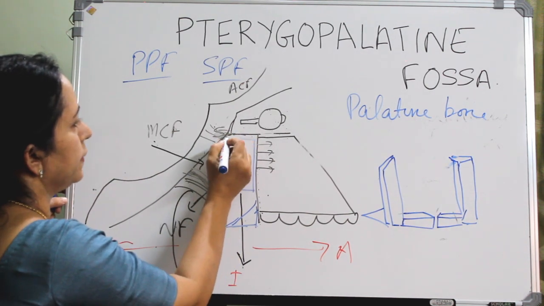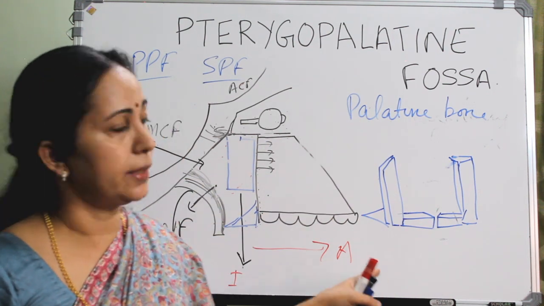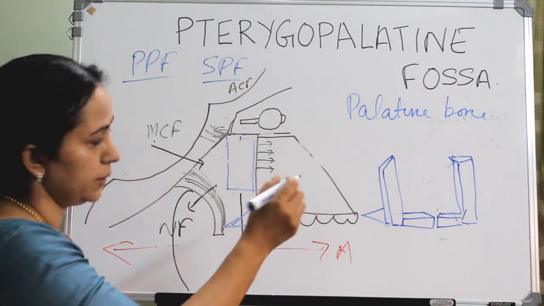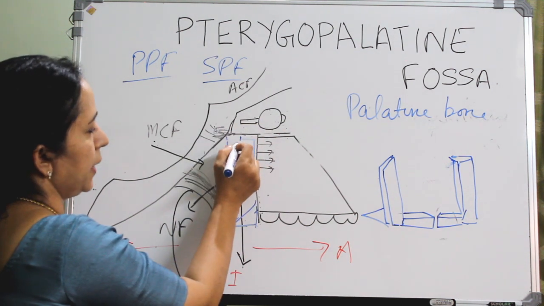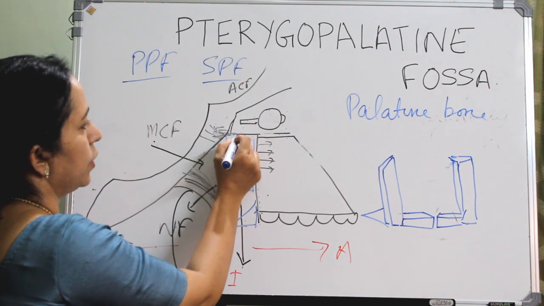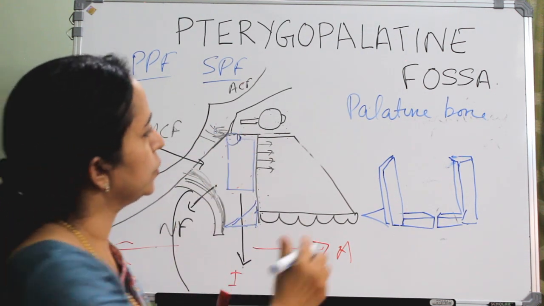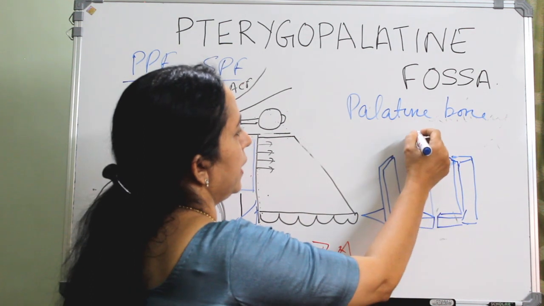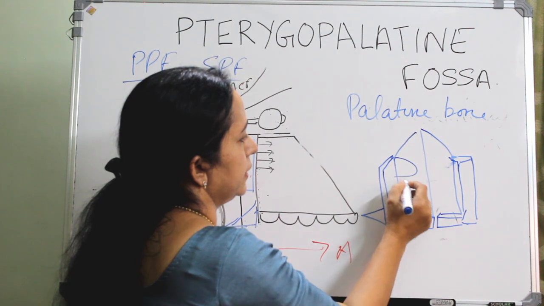There is an opening in between the medial wall of the vertical plate of palatine bone. And what is that called? Here comes the sphenoid bone and this is the palatine bone. So here this is called the sphenopalatine foramen. Okay, and through the sphenopalatine foramen, this is the septum and the turbinate.